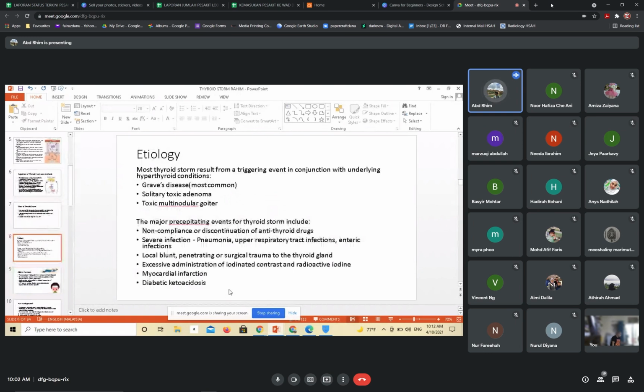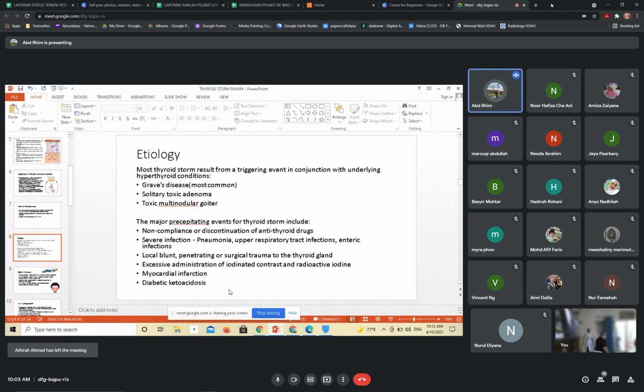So, the etiology of thyroid storm: most thyroid storm results from a triggering event in conjunction with an underlying hyperthyroid condition. This means a patient who already has an underlying hyperthyroid condition is most likely to have thyroid storm, such as Graves' disease, solitary toxic adenoma, and toxic multinodular goiter.